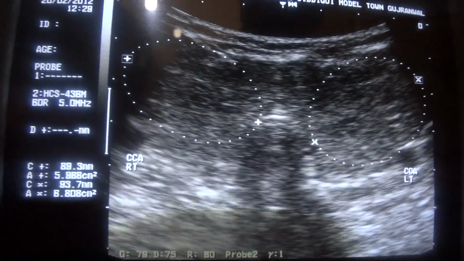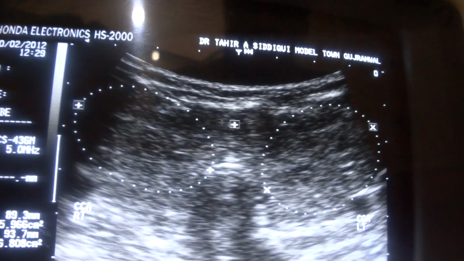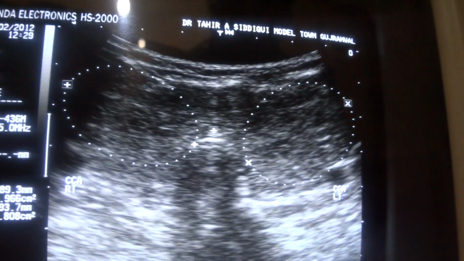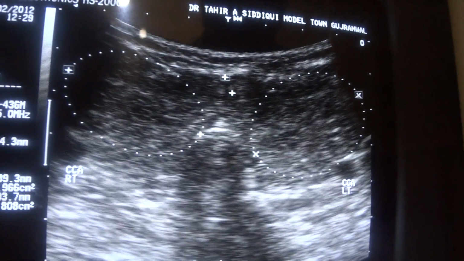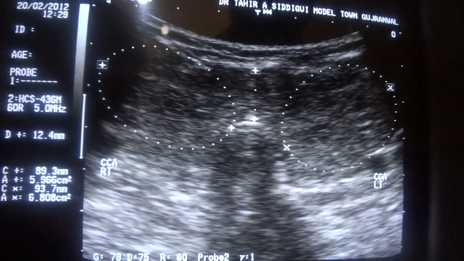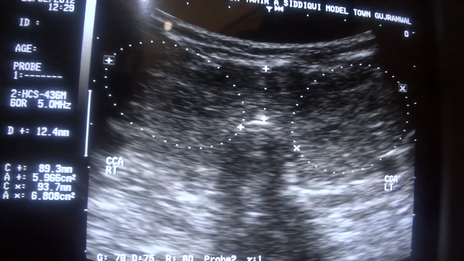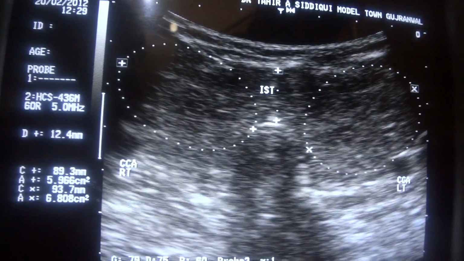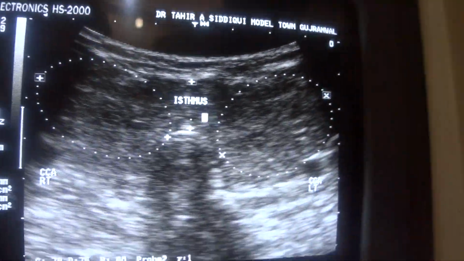In between this area, this band of tissue is the isthmus, and the isthmus in this patient is enlarged. This is the isthmus, this portion.